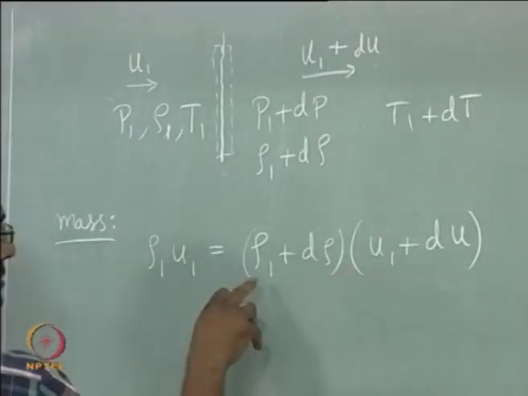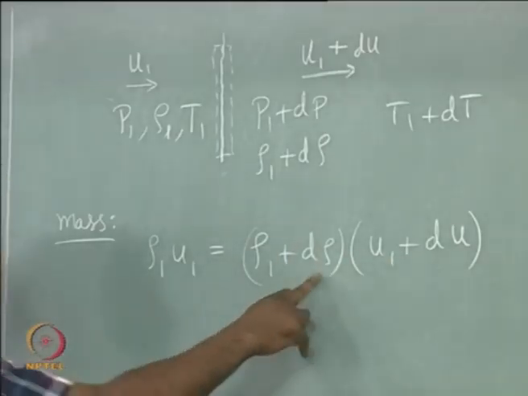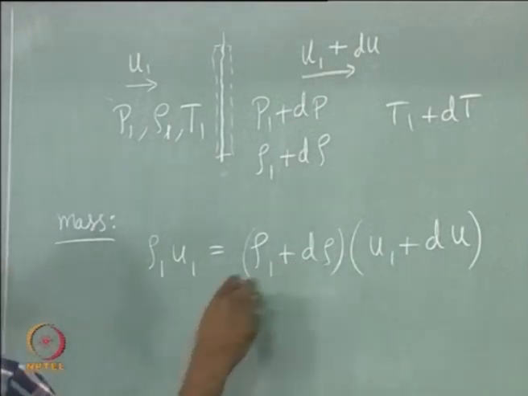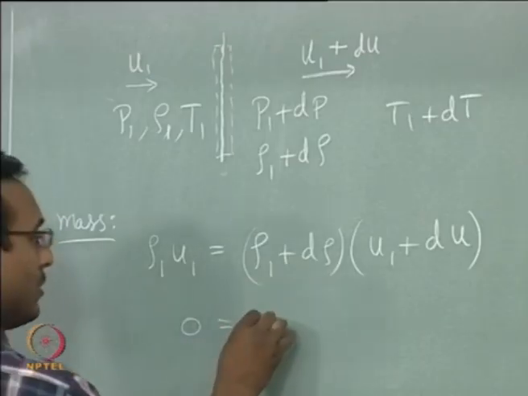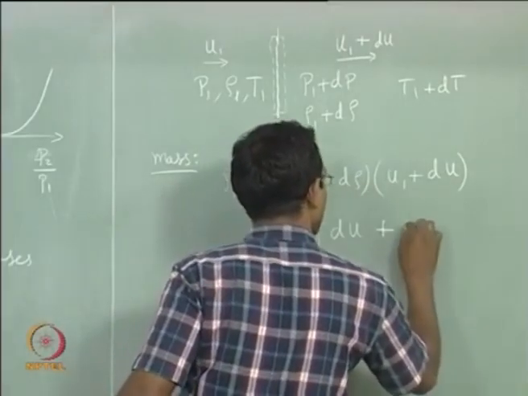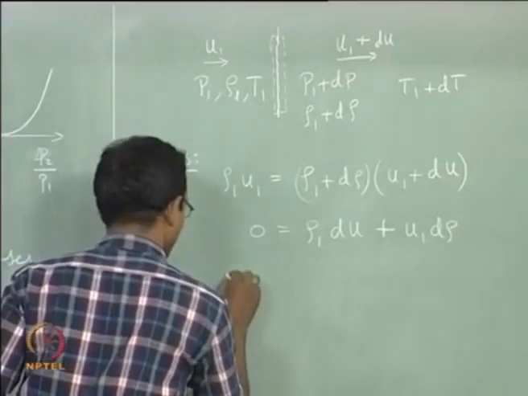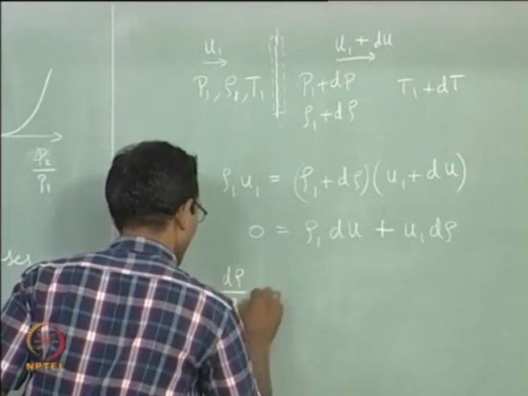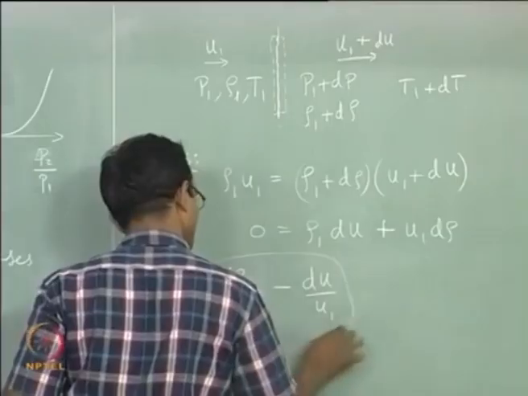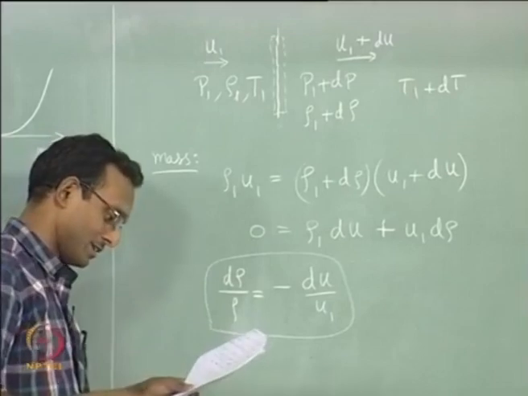Now of course I can expand this, rho 1 u1 will cancel with this rho 1 u1, and I will neglect the du d rho term because it is two very small numbers multiplied by each other. So the remaining things will be 0 equal to rho 1 du plus u1 d rho. This is all I will have, or I will rearrange this expression, d rho by rho equal to minus du by u1. Similar thing we derived when we were doing speed of sound derivation. I am just telling you where it is coming up.